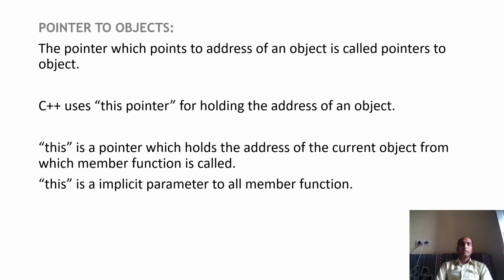Now inside the main function, I have created 3 objects A1, A2, A3. Memory is allocated for A1, A2, A3. When you call A1.get, whatever value you take will go to the memory of A1. When you call A2.get, it goes to the memory of A2, and when you call A3.get, it goes to the memory of A3.